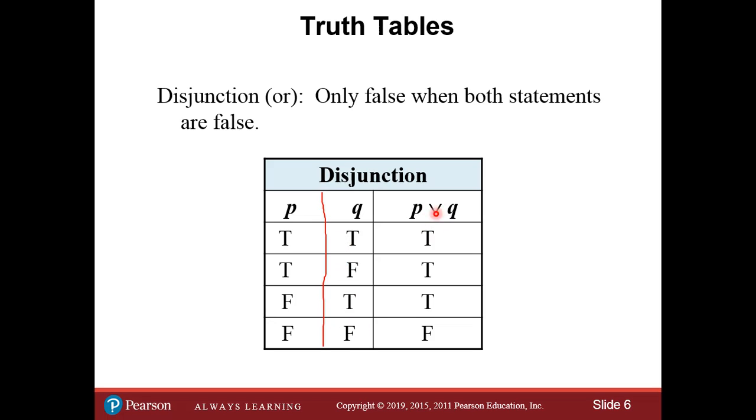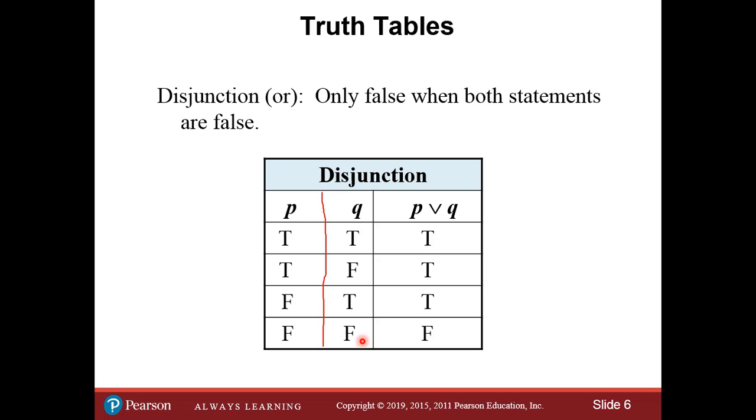Now, when is an or statement false? The only time an or statement can be false is if both of the simple statements being connected are false. If I say I'm going to the movies or I'm going to hang out with my friends, as long as I do at least one of those two things, you cannot say I lied. But if I don't do either one, then you can say I lied.